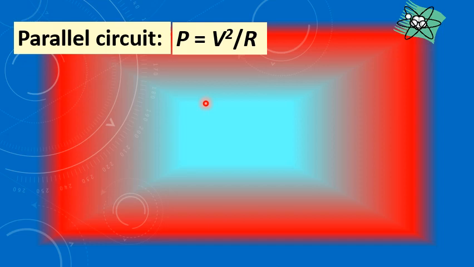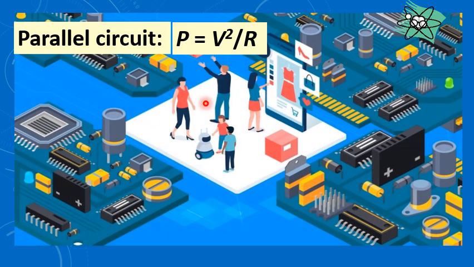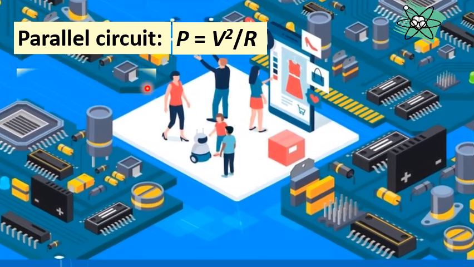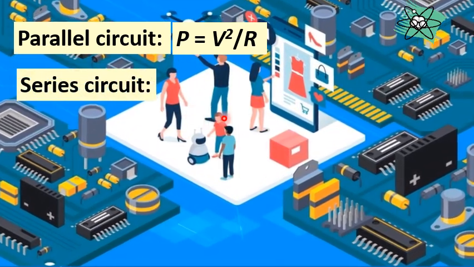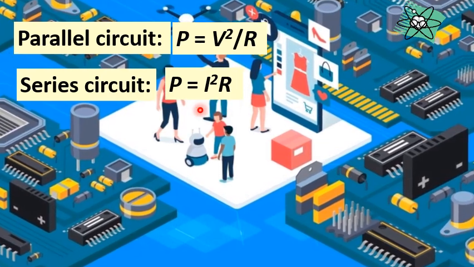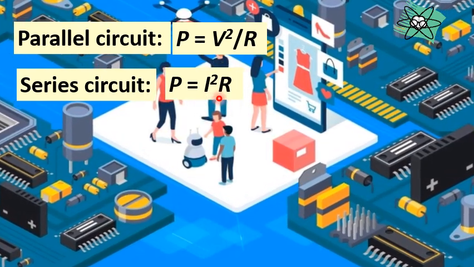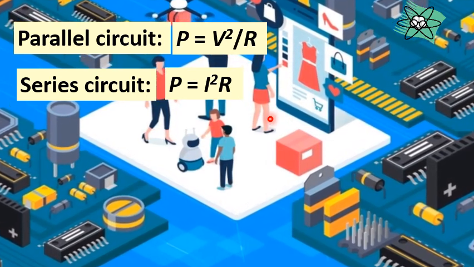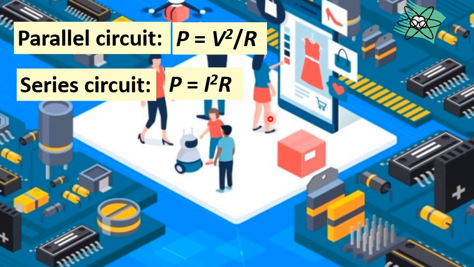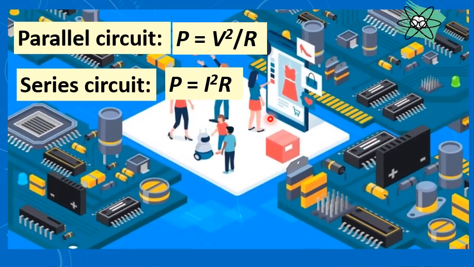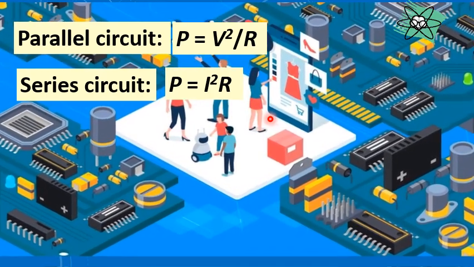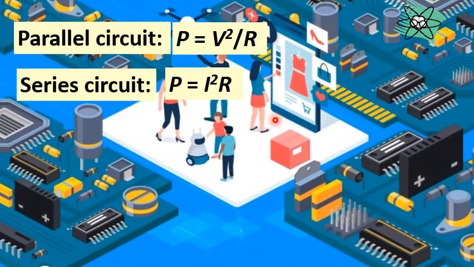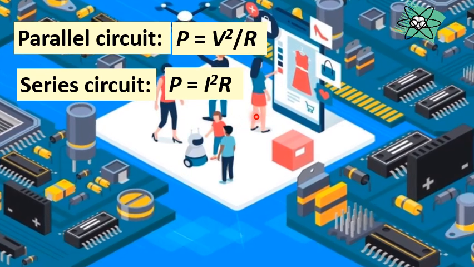This time, we have to use the equation for series circuit. That is, power is equal to the square of the current multiplied by the resistance R. Why do we choose this formula? It is because the question pertains to having a constant current.